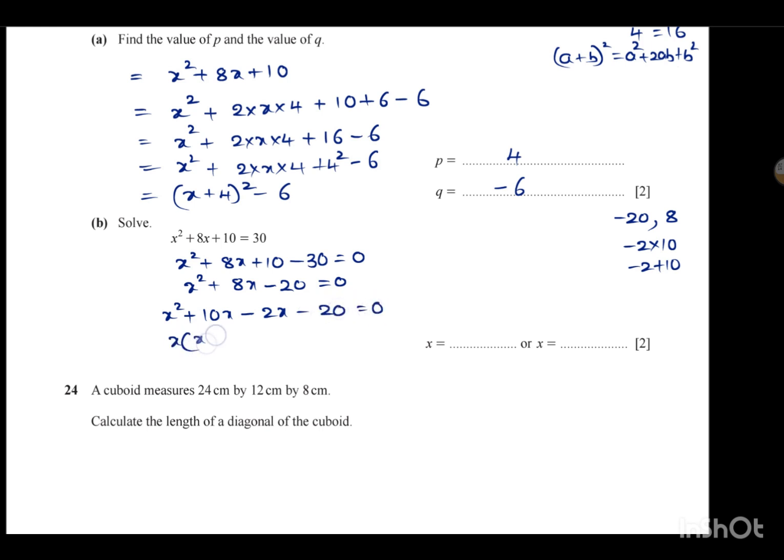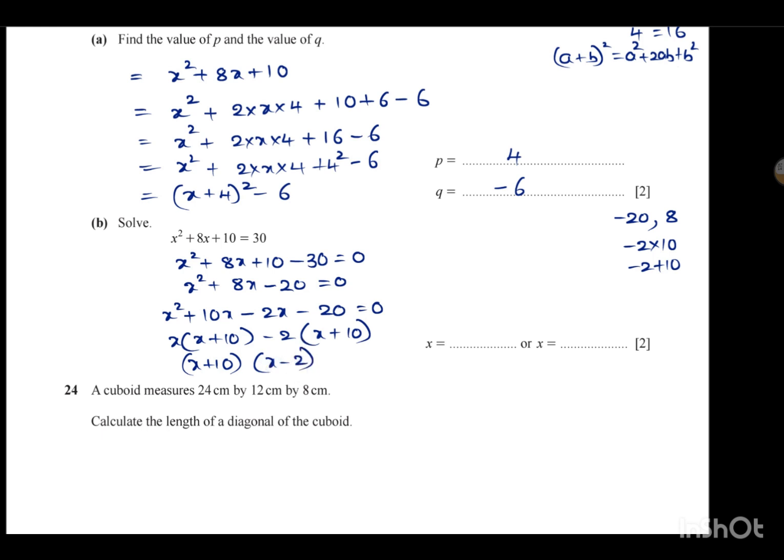Take x common in first two terms, then take minus 2 common in the last two terms. If I take minus 2 common, this minus becomes plus, because minus common taken, so plus it will be. Then x plus 10 is the common factor here, then x minus 2.